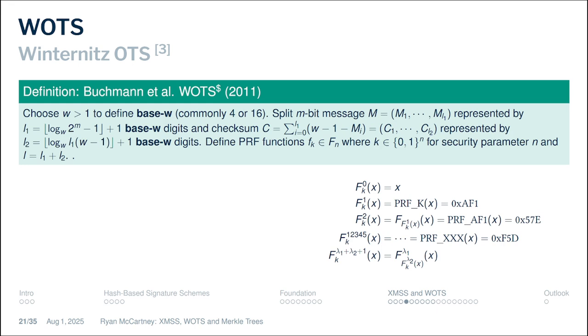So just to get you on track again, if we apply this function one time with the key k on the publicly known value x, we select the kth pseudo-random function from this function family and get some output, which is just applying this pseudo-random function with this input, so we get a pseudo-random output.